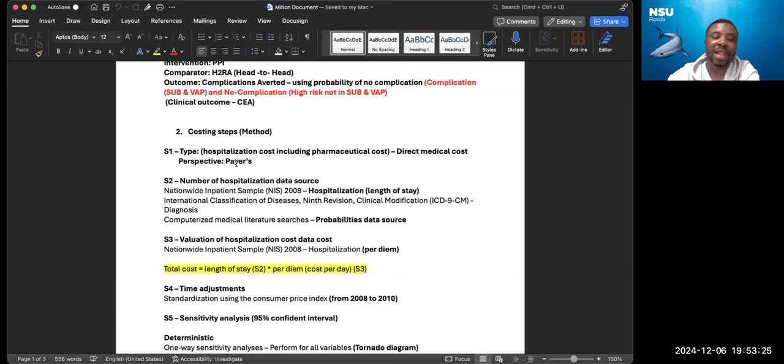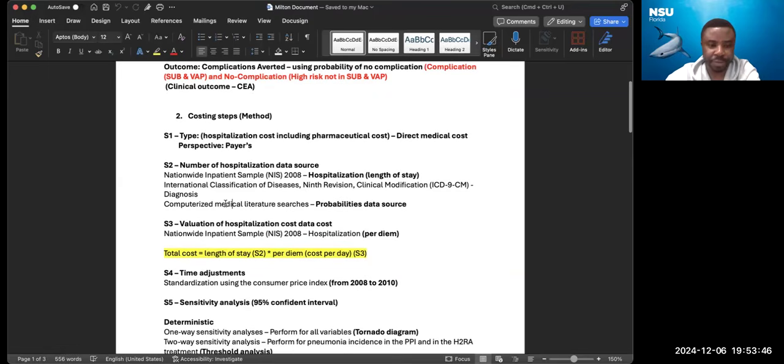For the perspective, I said there are about 5 perspectives. There is the payer's perspective, there's the provider's perspective. So the provider's perspective, think about it as the hospital, what the hospital in general is doing. And then there's the patient's perspective, there's the societal perspective, and then there's the employer's perspective.